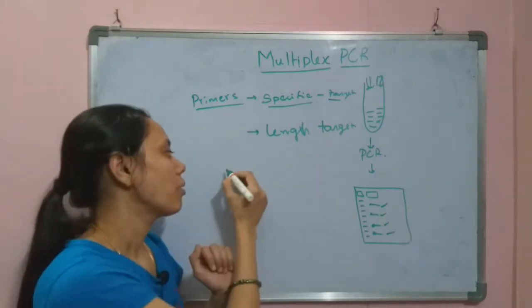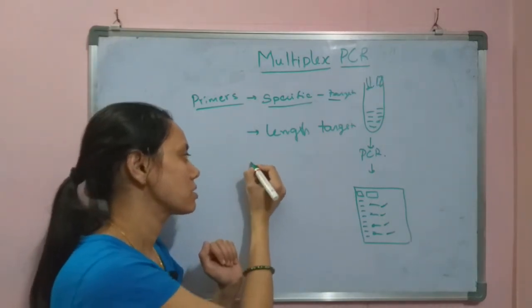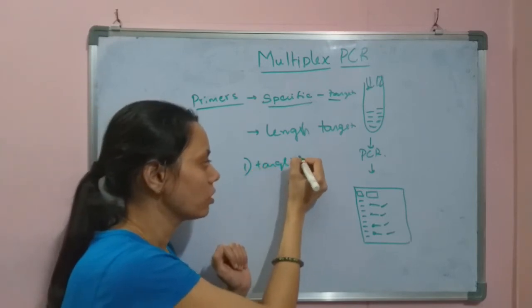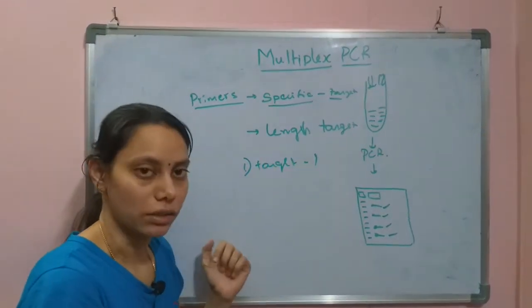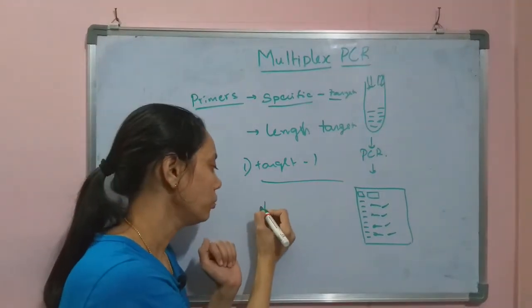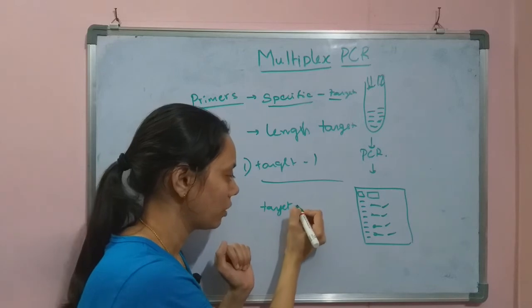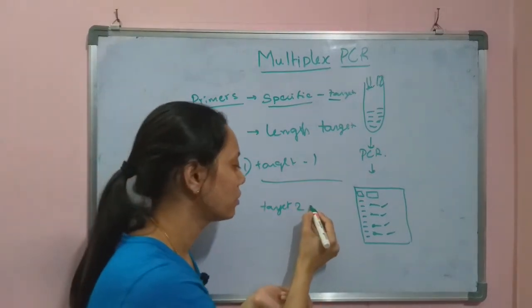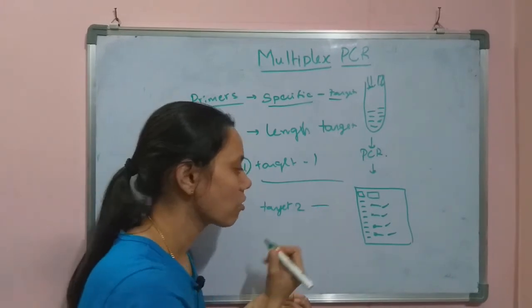Otherwise, for amplifying, let us take an example. Target 1 is very lengthy, some 10,000 base pairs around, but target 2, the other template DNA, is very short.